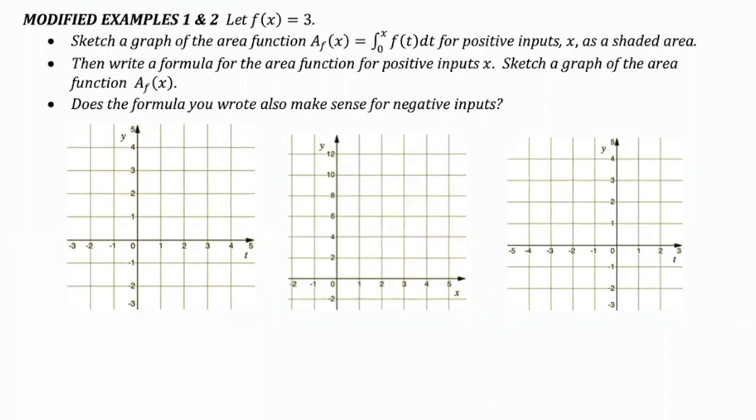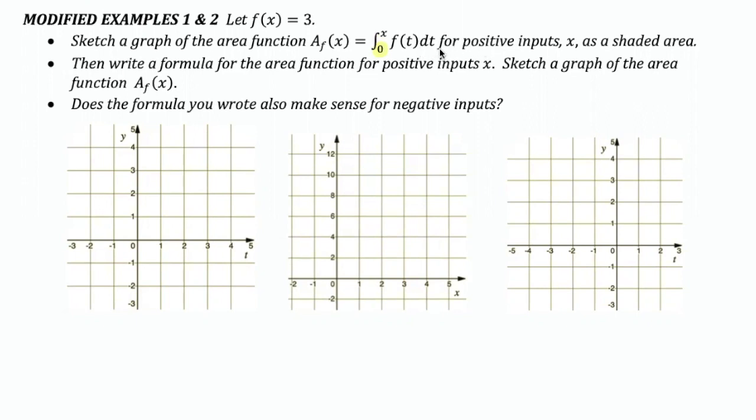And what that's telling us then is that this 0 is our a value. That's the fixed place where the shape under the curve is going to start being created. Again, we're going to allow x to be a variable, and we're going to use our particular function, but using it in terms of t instead of x.